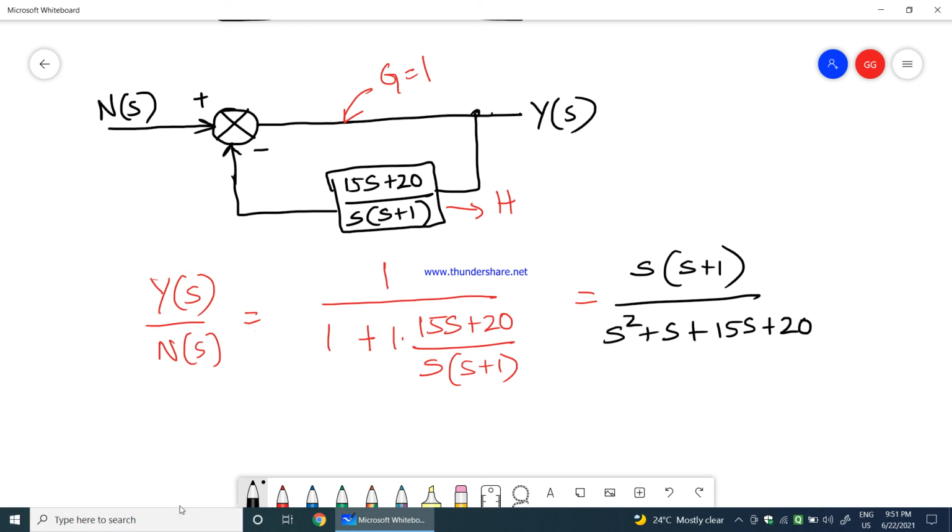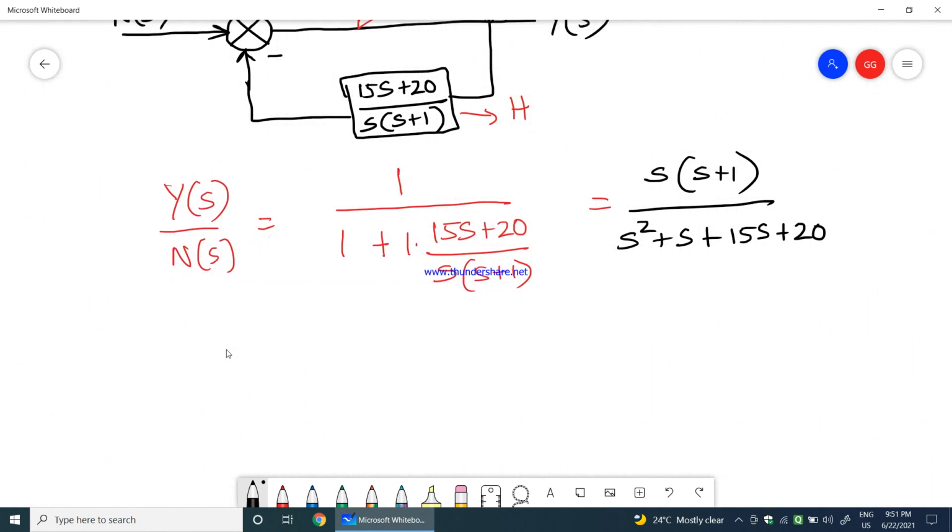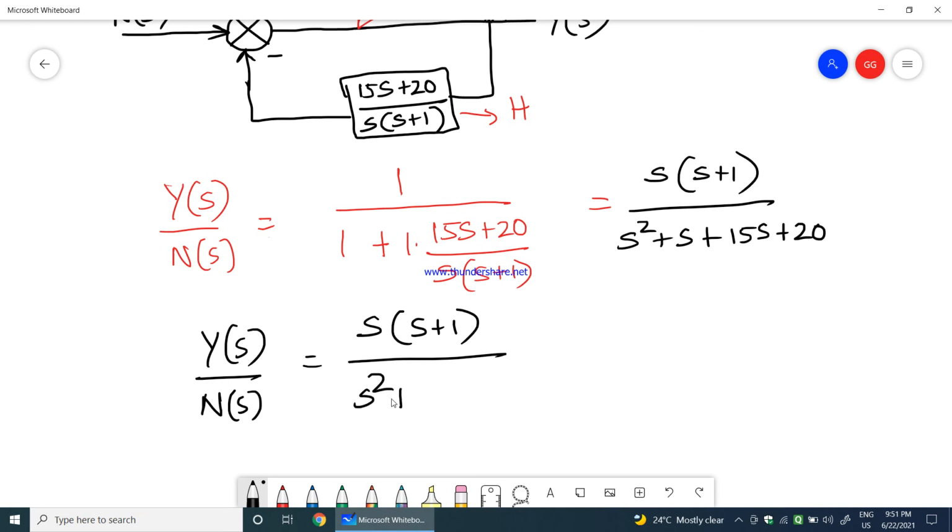Therefore, finally you see that y of s by n of s is equal to s into s plus 1 divided by s square plus 16s plus 20. So this is the answer for the second transfer function, y of s by n of s, when r of s is equal to 0.